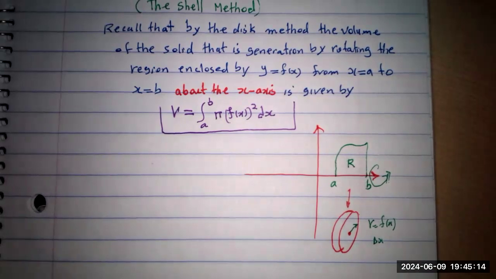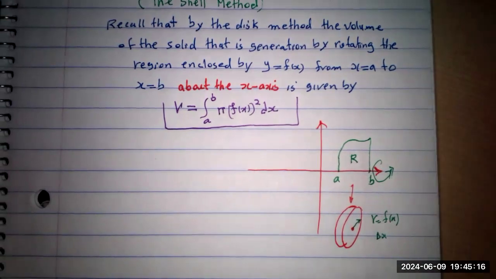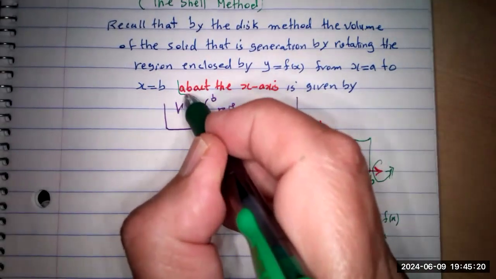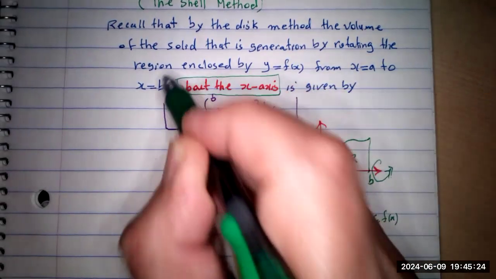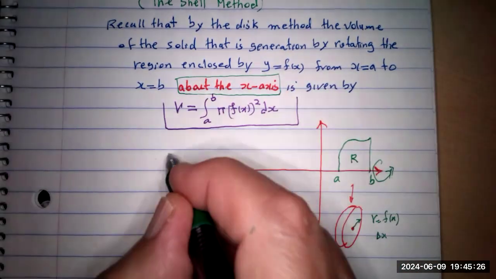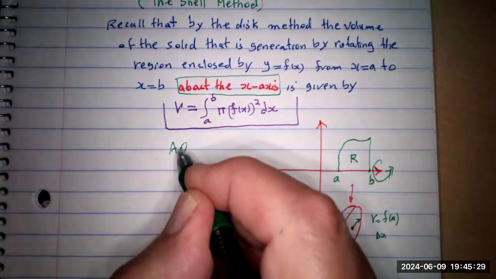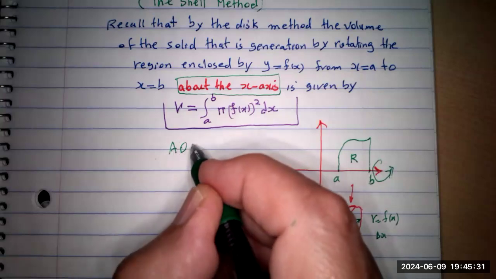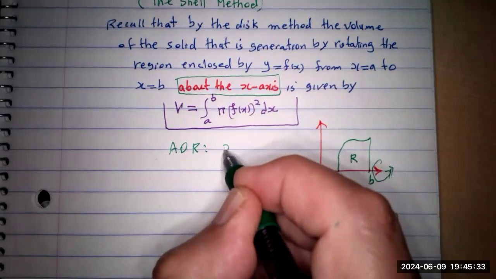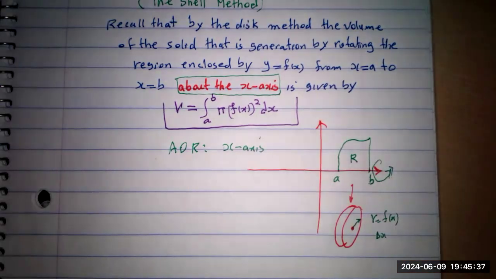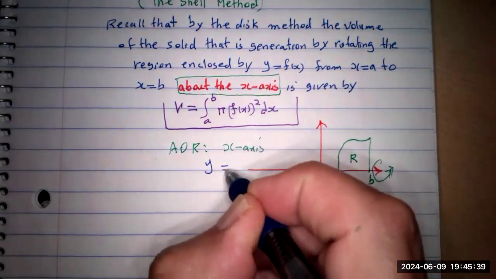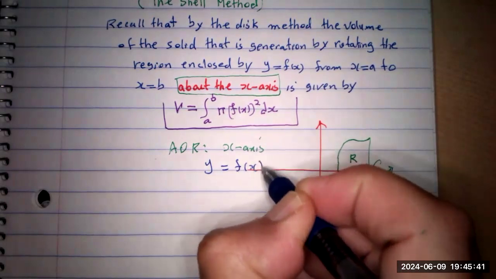Now the reason that we can do this with the disk method is that the axis of revolution is the x-axis, and your function is y equal to f of x.